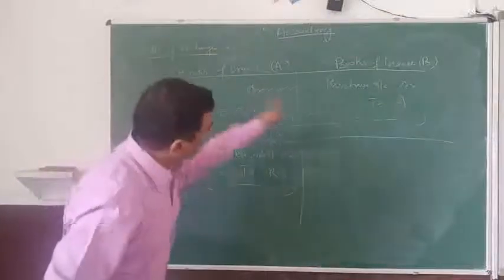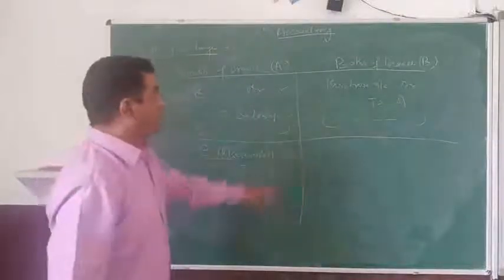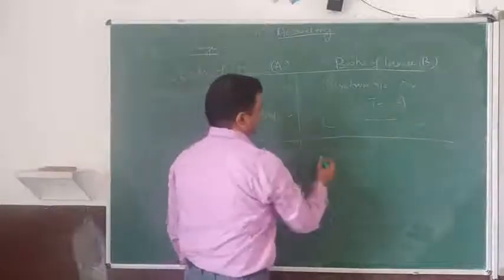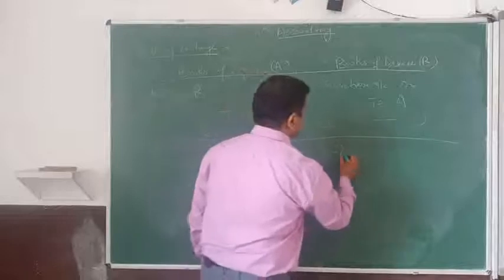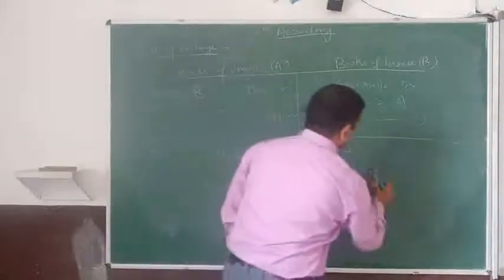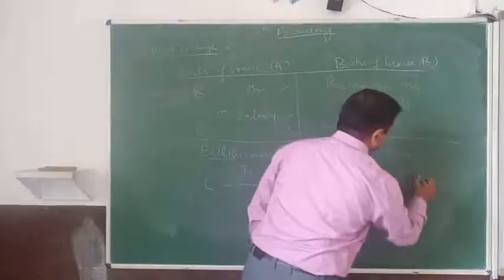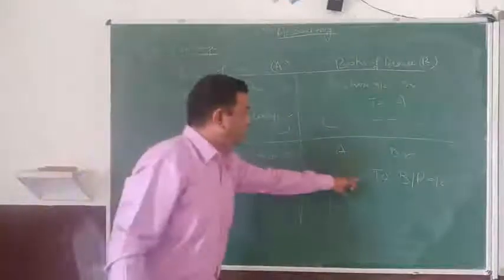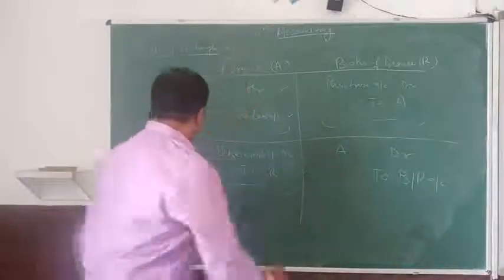Now this bill will be accepted by the drawee. When the drawee accepts this bill, then the entry will be, in that case, B debit to bills payable, in shortcut it is B debit to B/P.